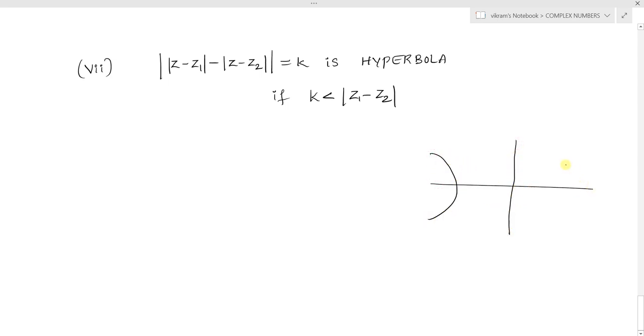Let this be the representation of the hyperbola, and here we have the focal points: S' as some complex number z1, and S as some complex number z2.